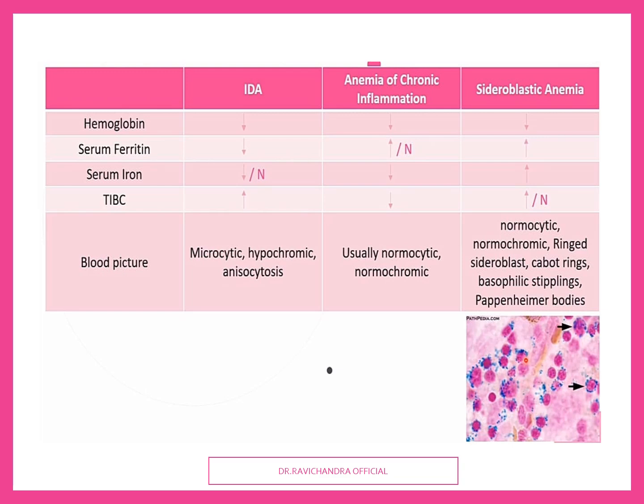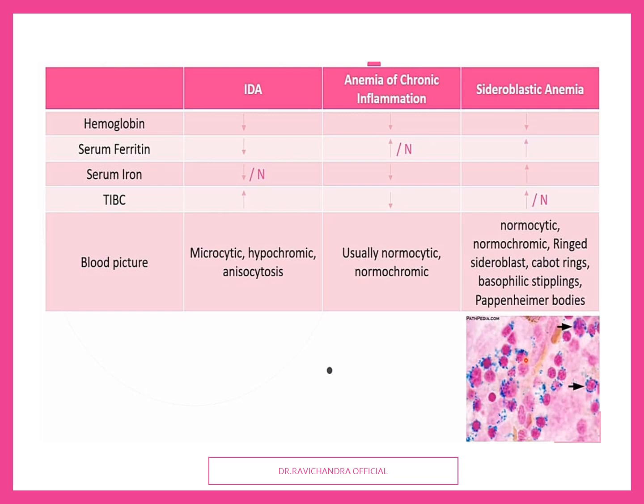Blood picture: microcytes, hypochromasia and anisocytosis will be seen in iron deficiency anemia. Anemia of chronic inflammation will normally look normocytic, normochromic. In sideroblastic anemia, normocytic, normochromic red blood cells are there. Few ringed sideroblasts can be seen. Cabot rings can be seen. Basophilic stippling can be seen. Pappenheimer bodies can be seen.